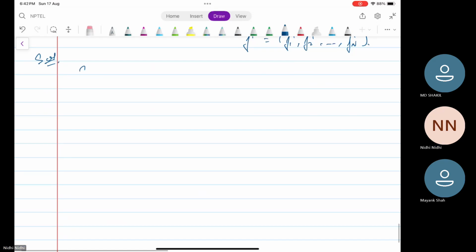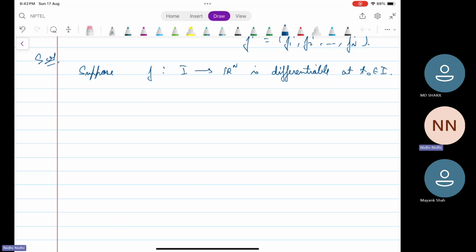So suppose f from I to Rn is differentiable at some t naught in I. This implies f dash t naught, which by definition is f1 dash t naught and so on up to fn dash t naught, exists.